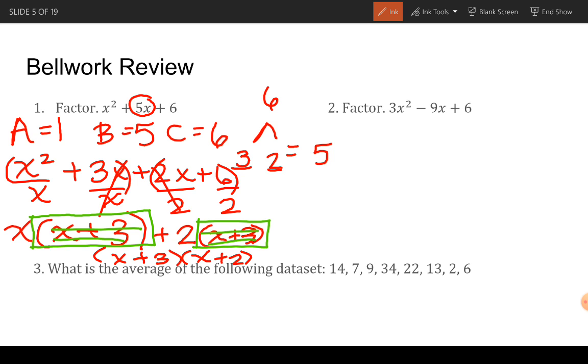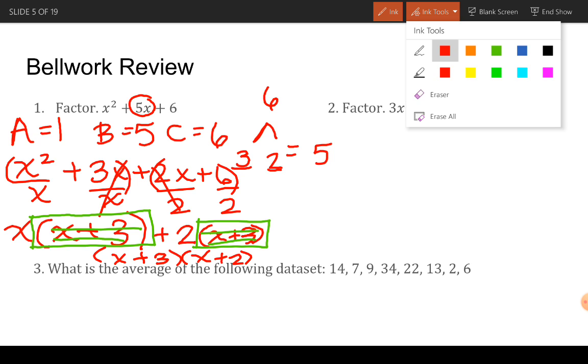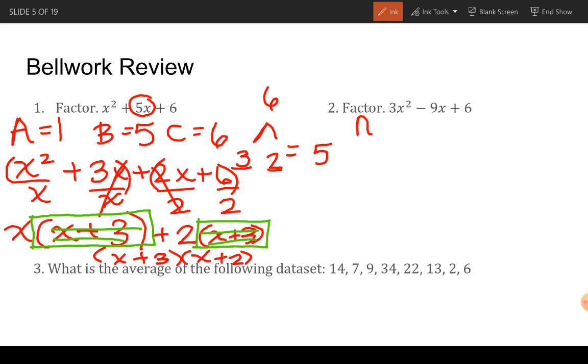So in number 2, the first thing we should do is identify A, B, and C. A this time is 3, B is -9, and C is 6. Now, is there a number that I can divide 3, -9, and 6 by? Absolutely.